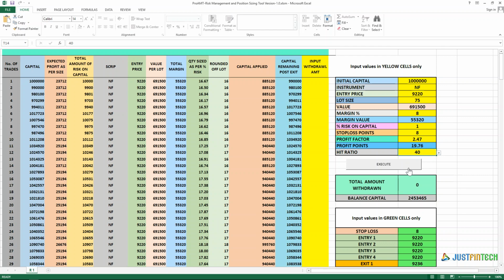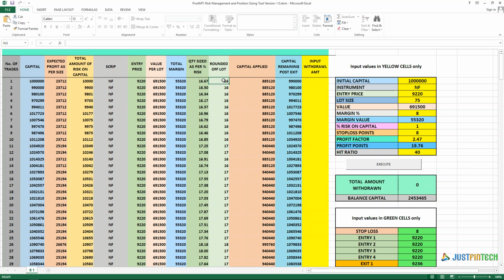So let's see, if I'm willing to take a 1% risk on capital, the total amount of risk on 10 lakhs is 10,000. For 10,000 risk, this gives me a tradable size of 16.67 lots. Now 16.67 lots are not tradable, so I have rounded it off to a lower size, which is 16 lots.